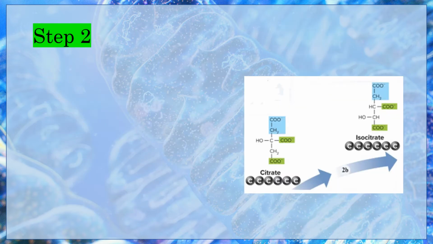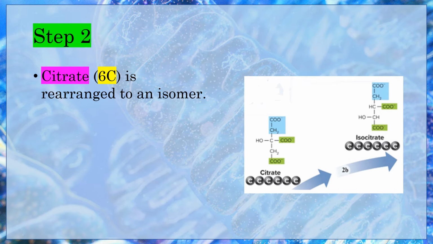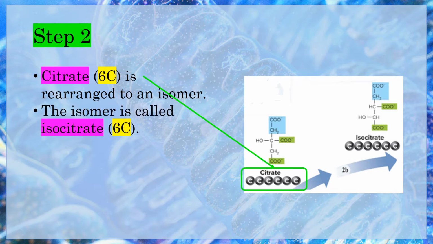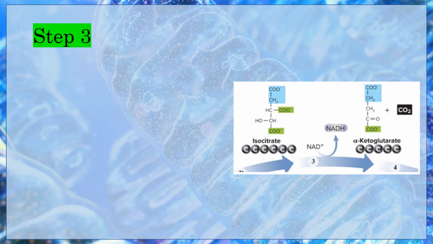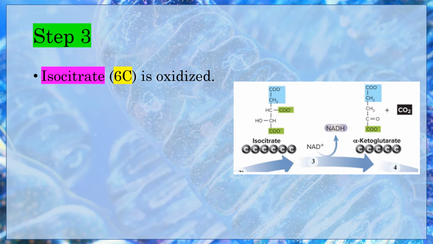Step 2, that citrate, that 6 carbon molecule, is rearranged to an isomer. There we see it in green. The isomer is called isocitrate, and it's still 6 carbons, as seen in the blue. Step 3, that isocitrate, which is still 6 carbons, is oxidized. There we see that in blue.